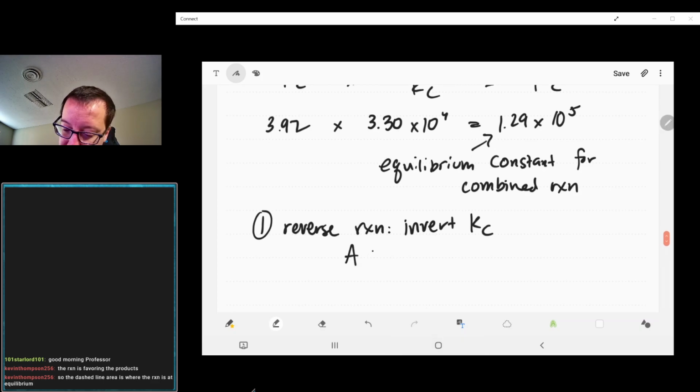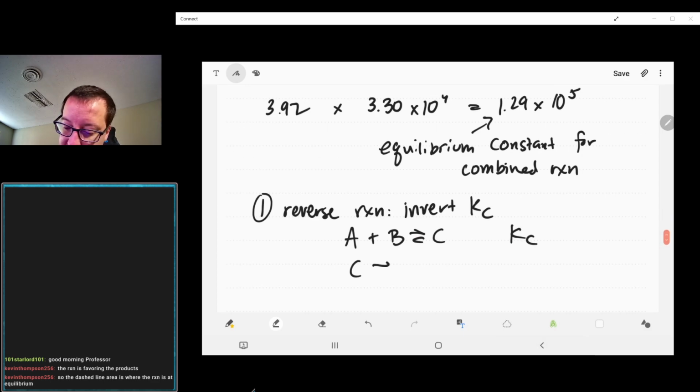If you have A plus B going to C, let's say you have your Kc there. If you decide instead you want to write it the other way, you get 1 over Kc. So you just invert it. Much like with Hess's law, where you switch things around and you would make it negative, in this case, you would invert it.